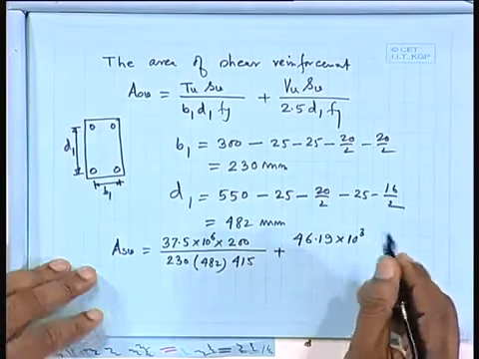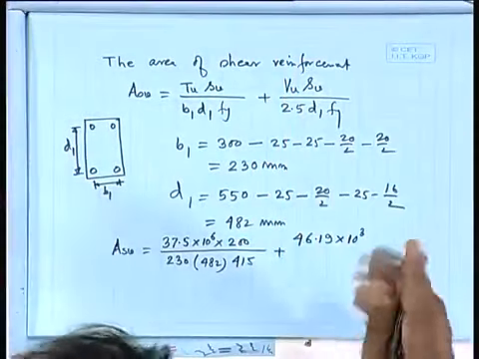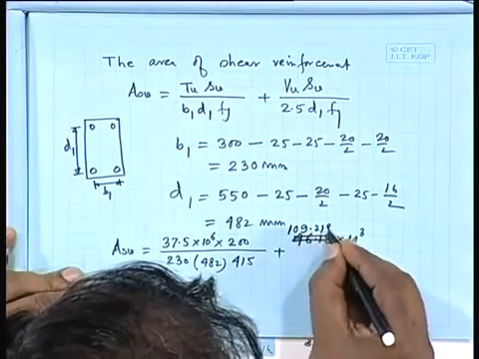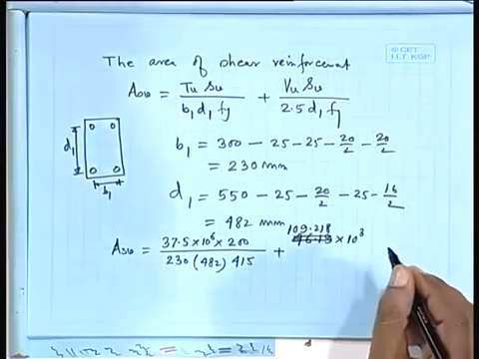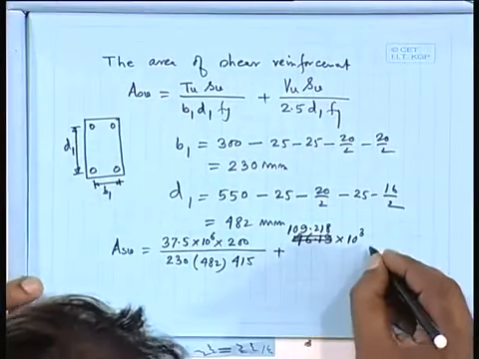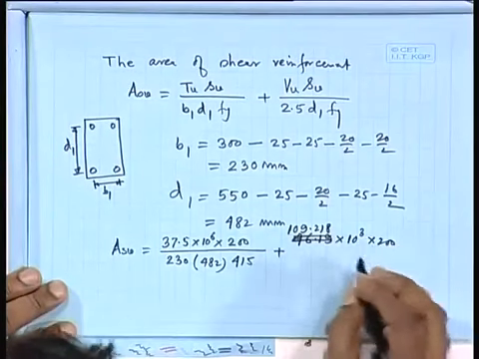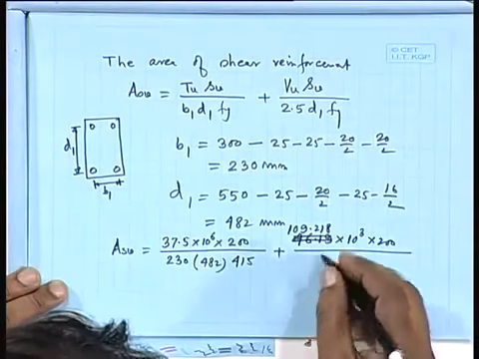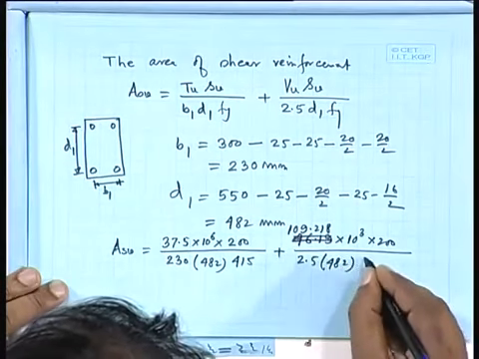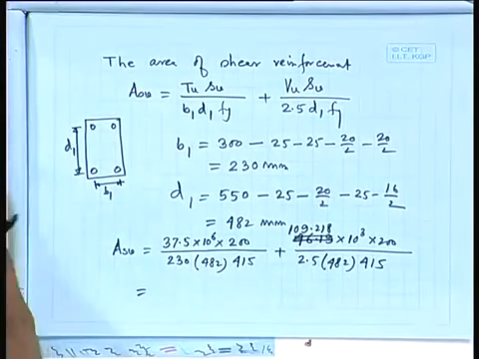I think VU is different, right? Sorry, I have made a mistake. Yes, 109.218 into 10 to the power 3, into 200 divided by 2.5 times 482 times 415. So let us do one by one then.